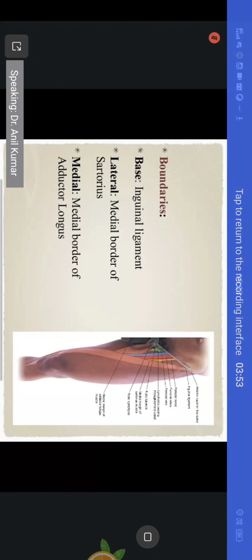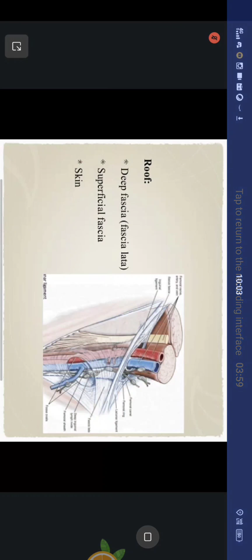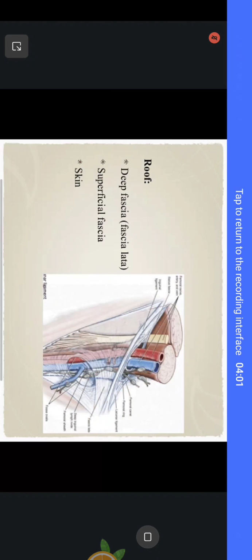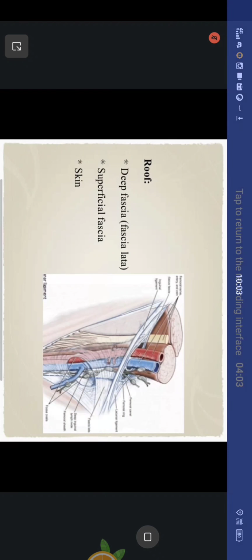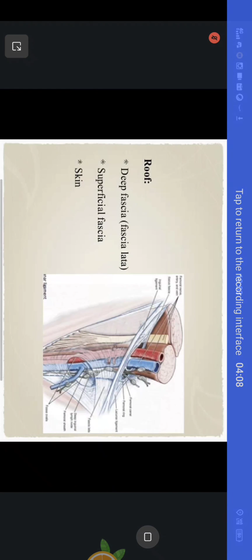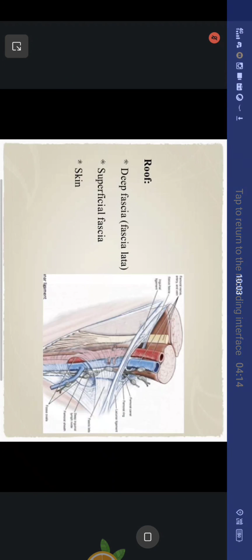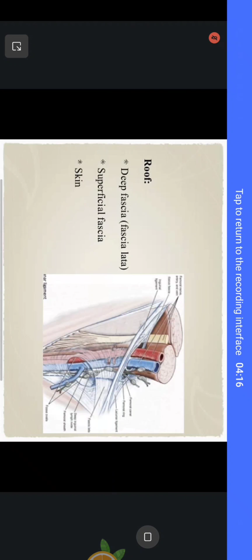Now, this femoral triangle has a roof as well as a floor. First, we are seeing the roof. Roof is formed by the superficial fascia as well as the deep fascia and skin in this region.